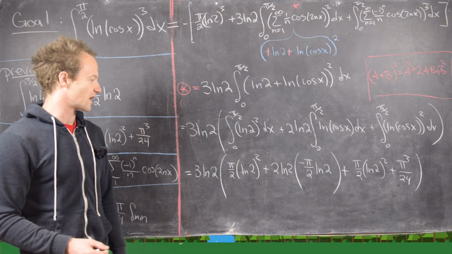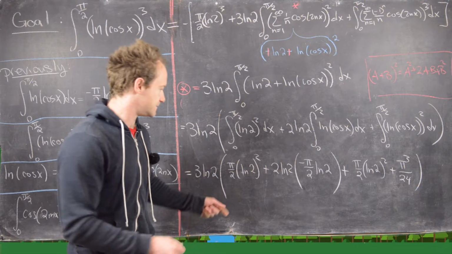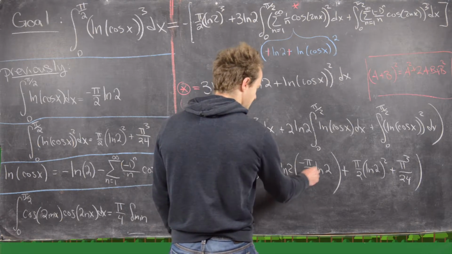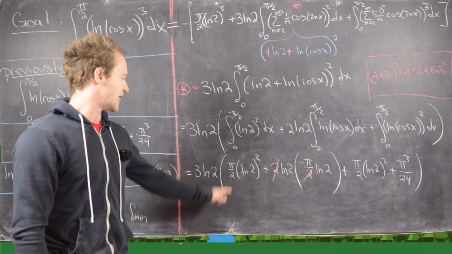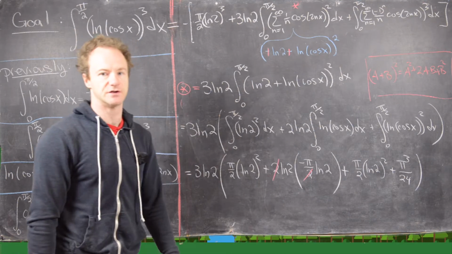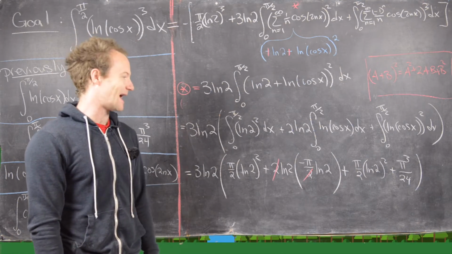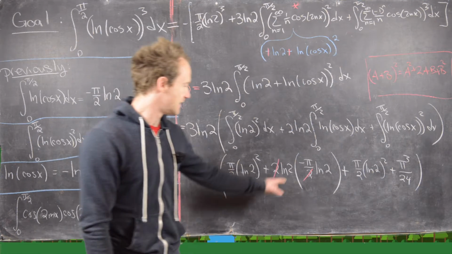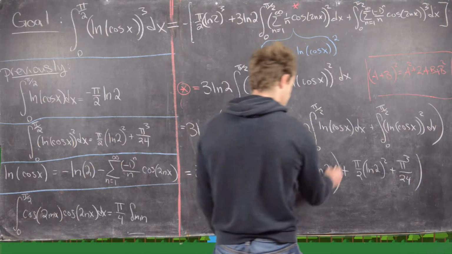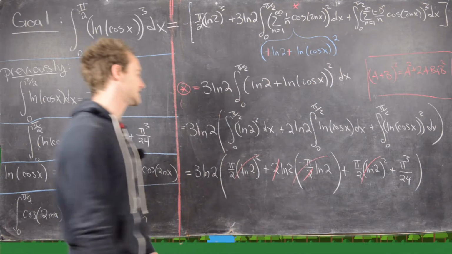So let's see what we've got going on here. We've got this stuff that can cancel. Notice here this 2 can cancel with this 2. Now we have pi over 2 natural log of 2 squared, pi over 2 natural log of 2 squared. Those are going to add to pi times natural log of 2 squared. Then we've got pi times natural log of 2 squared here. So those are all going to cancel each other.